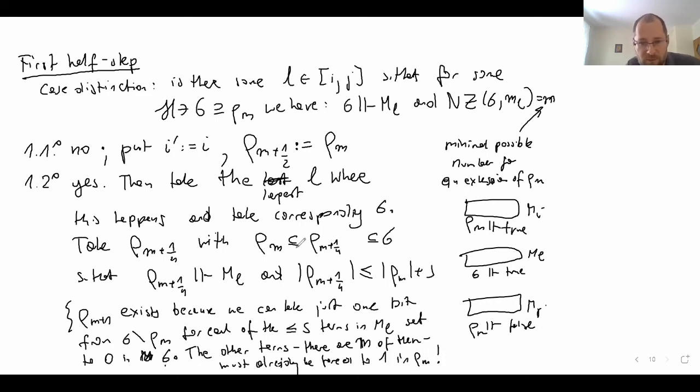The point is that row m has the fewest possible number of non-zeros, because even sigma has so in row m plus a quarter.